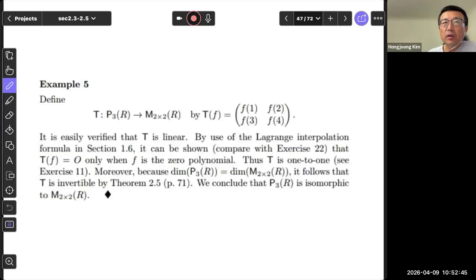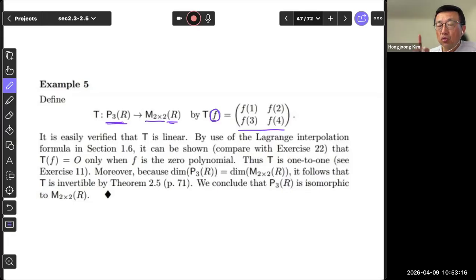In example 5, let us consider the mapping T from P3, the polynomials of degree 3 or less, to M sub 2 by 2, that is, the 2 by 2 matrices with real entries. And here T is a mapping which maps any polynomial in P3 space to this 2 by 2 matrix.